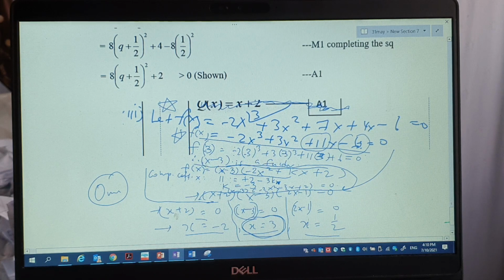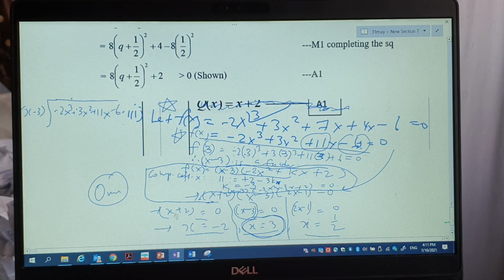If you find this very complicated, what you can do is long division. Do you remember long division? Long division means you know that this x minus 3 is a factor already, right? You go and do long division for this. How to do long division? Arrange them in the order power 3, power 2, power 1, number.